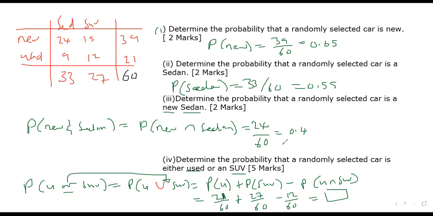Then where they meet, used and SUV, is 12 over 60. So you add 21 plus 27 minus 12, which is 36 over 60. So you divide that, you get 0.6.